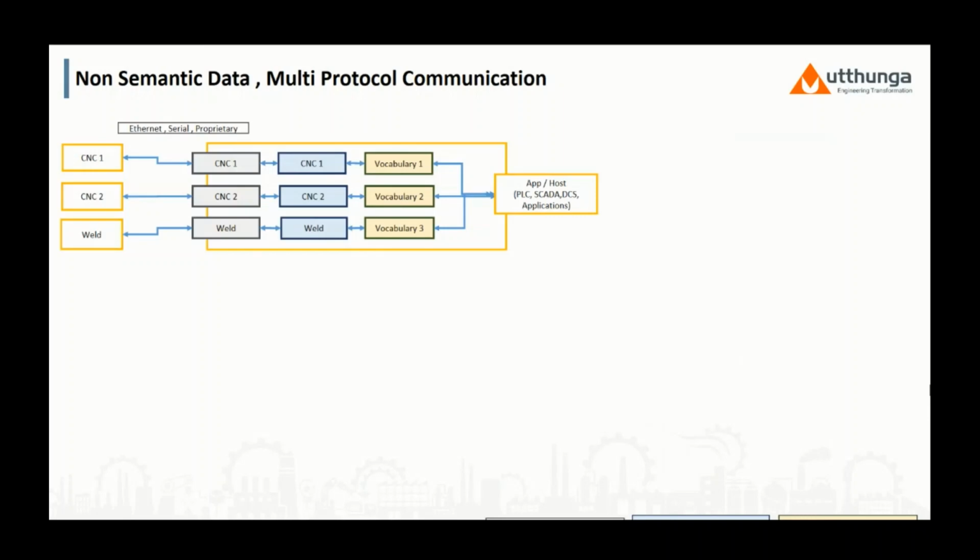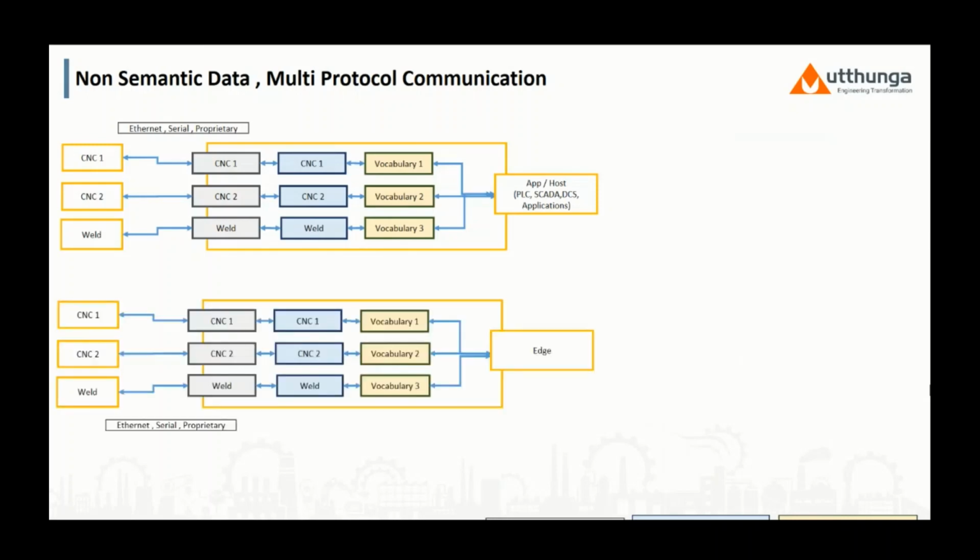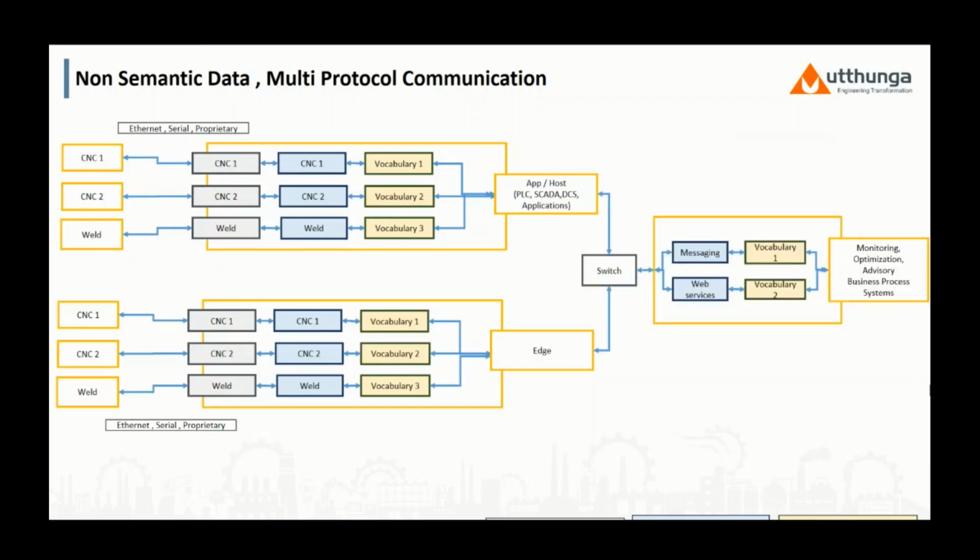Once the payload is extracted, the vocabulary has to be mapped to the final application, and then your application processes the data. And if you are talking about two different lines, this is how the architecture looks internally. And finally, if these are talking to a cloud or any other northbound interface, this is how it looks. There are too many interfaces on the southbound side, but on the northbound, to a large extent, they are on Ethernet.